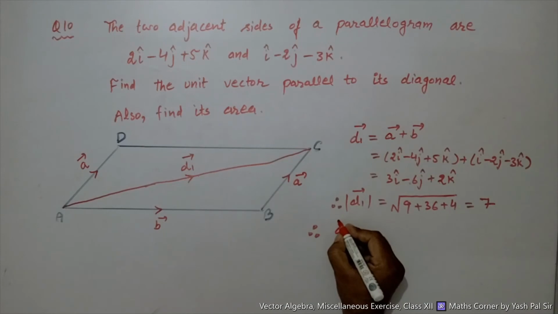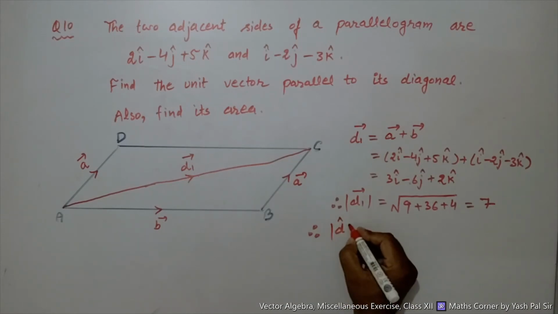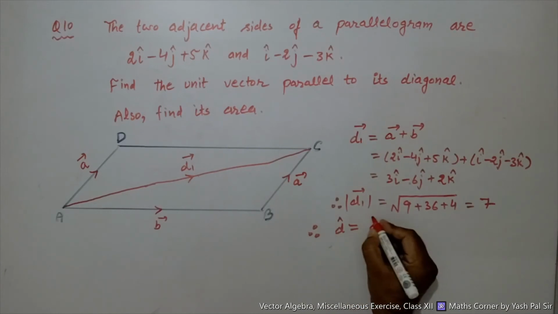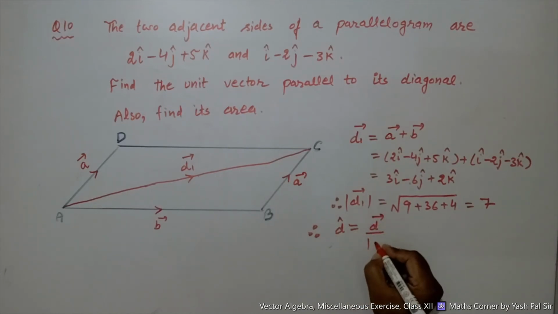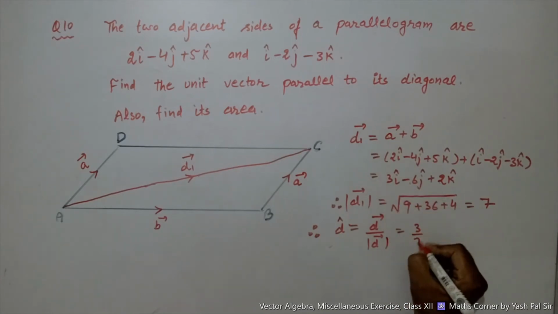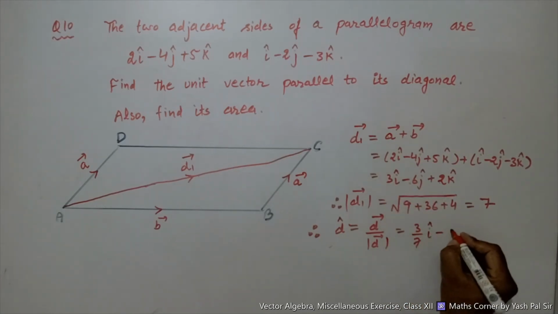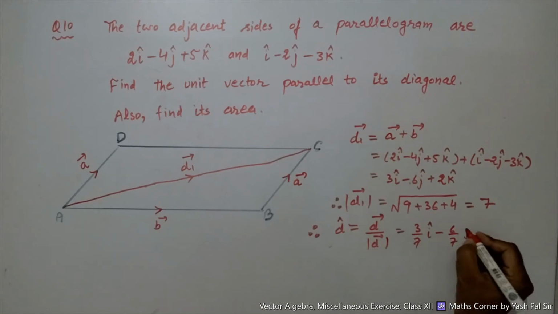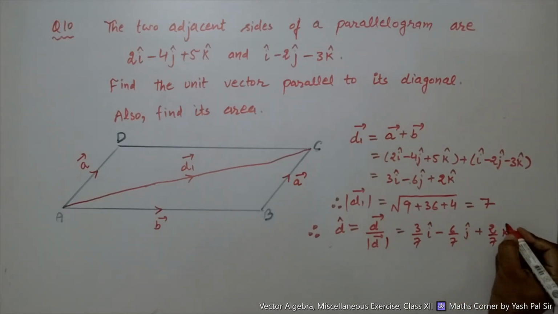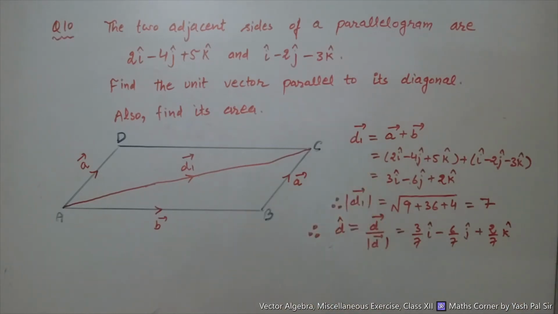Therefore the first diagonal unit vector is equal to D upon magnitude of D, which is 3 upon 7 i minus 6 upon 7 j plus 2 upon 7 k, right? This is diagonal 1.